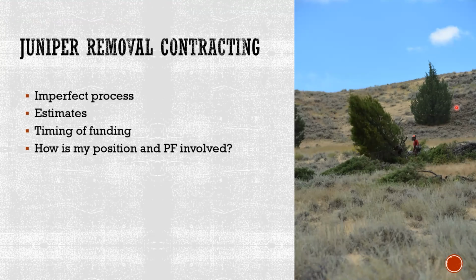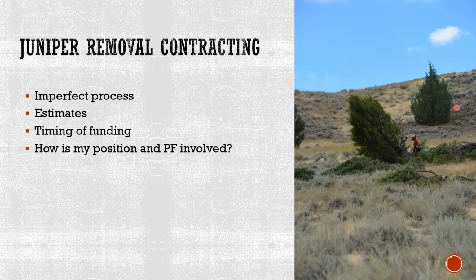As the BLM puts out quite a number of contracts every year, besides just juniper removal. So that's another part of my position: since I'm hosted through Pheasants Forever, we have the ability to enter into MOUs, agreements, cooperative agreements, and with those mechanisms, Pheasants Forever can do work on BLM land, whether that's with BLM dollars or with outside partner dollars, such as NFWF.